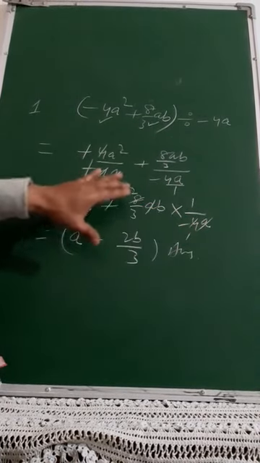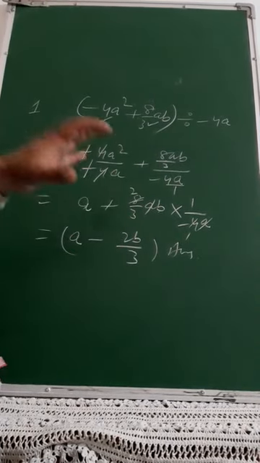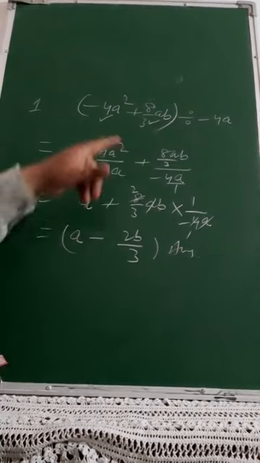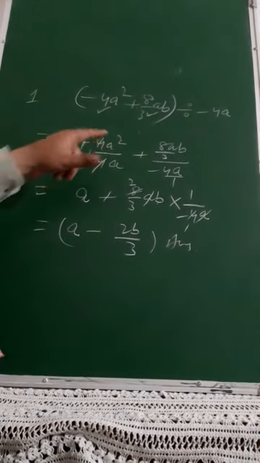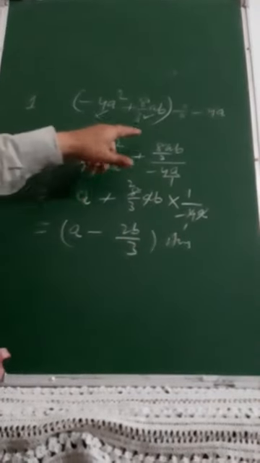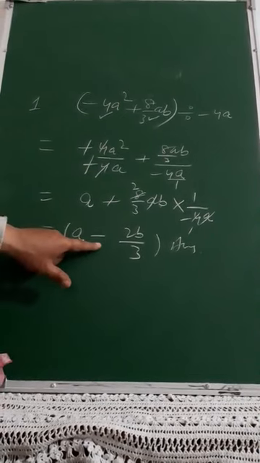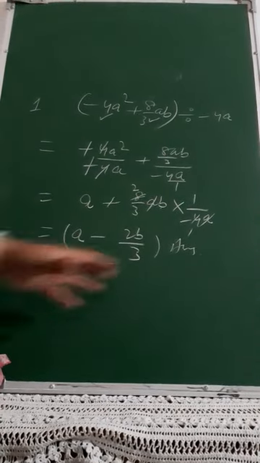Then whatever the possibilities are there of cancellation, please go for that, and keep a check upon the signs. This is very important in algebra. If this is plus and this is minus, I know very well that plus divided by minus always results into minus. So minus will always be there, and the rest of the part is there in front of you.